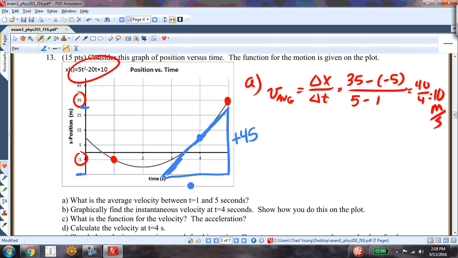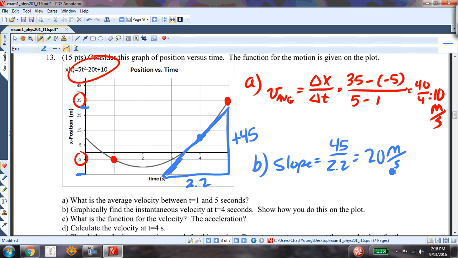That's what, 2.2. So roughly 45 over 2.2, I get about 20.4. So for B, my slope, which is rise over run, 45 over 2.2, is about 20 meters per second.